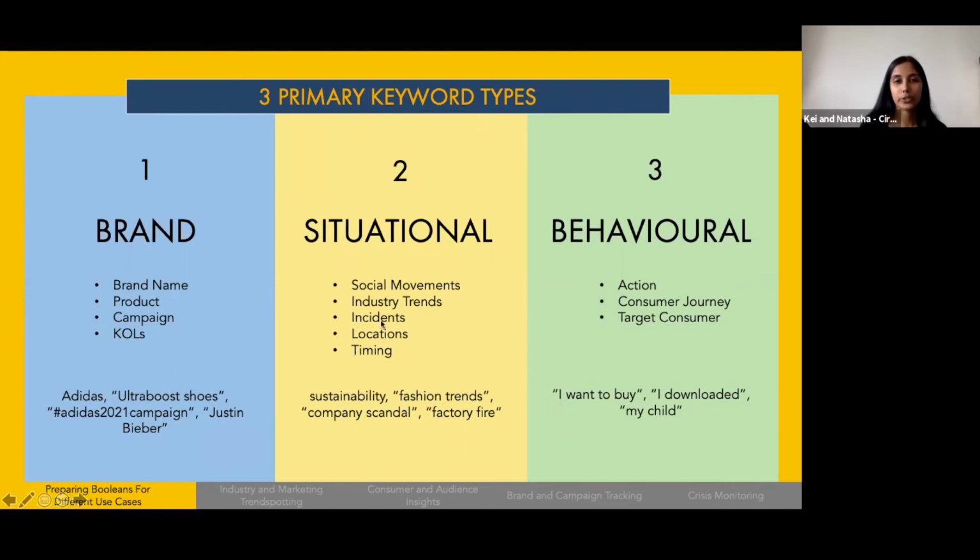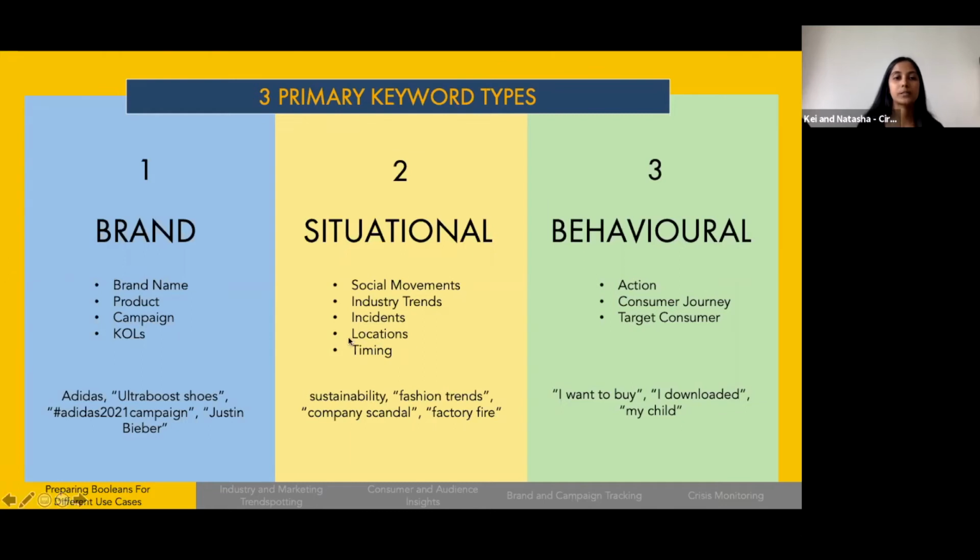Next, we have your situational keywords over here. So this includes things that are more event specific. So there are things like social movements, such as sustainability or human rights. We also have keywords for industry trends. So it could be fashion trends or even snacking trends. We have incidents. So this is where your crisis keywords may come in. So it could be a company scandal, a factory fire, etc. Situational keywords also include things under location.